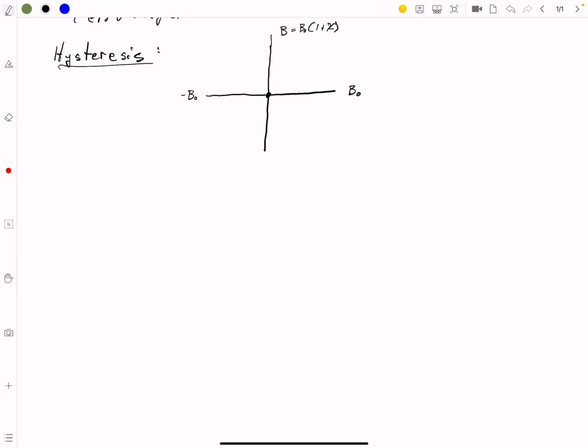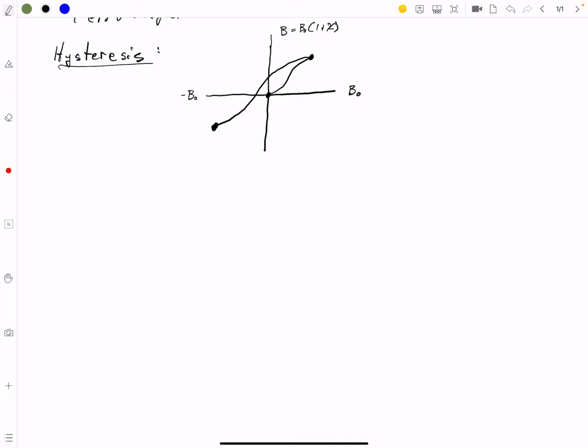If you were to start here and apply some B field, you end up here, and then you apply a negative B field to that. Well, you're at a different spot from where you started. And you end up with something, say, over here.